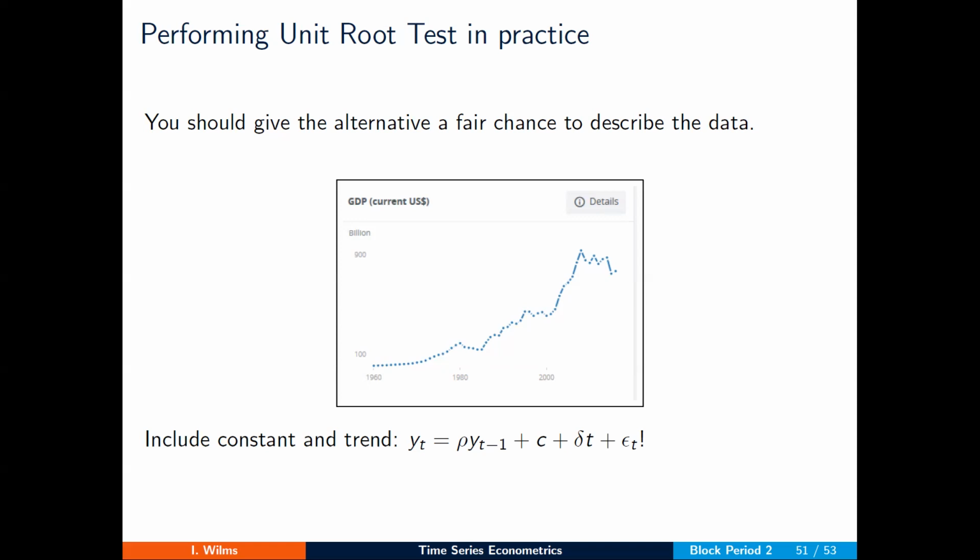And that might lead to over-differencing. On the other hand, if you do put a trend, while it's not really necessary, you might lose some power, so you might sacrifice some power, but at least trend stationarity gets a fair chance as an alternative.